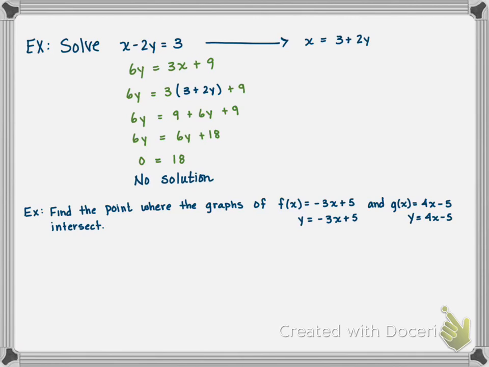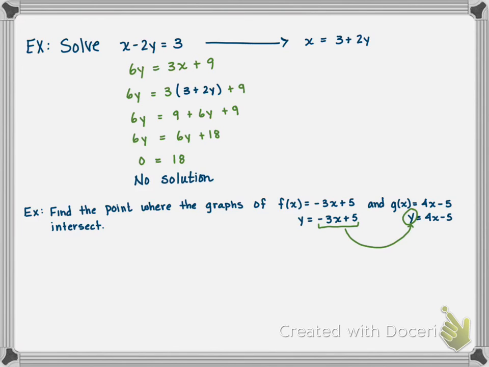If we want the outputs to be equal, we just have to set those expressions equal to each other. So in reality, we're saying, okay, y is equal to negative 3x plus 5, so we can take negative 3x plus 5 and substitute it for this y. So we're just doing substitution again, but this one's even a little simpler because all you really have to do is set the two equal to one another.